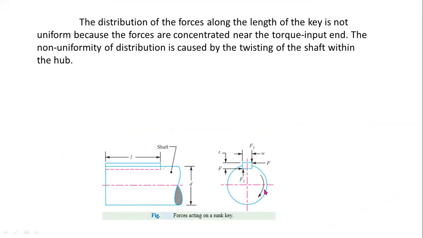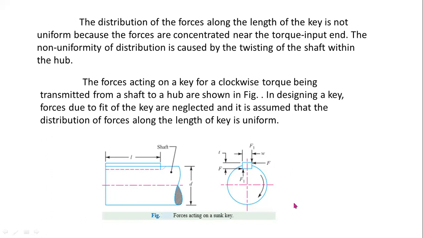Here, this is the side view of the shaft with the key. Here you can observe this one is a key, the cross section of a key. Here F1 is the force, and F is the shearing or compressive force.